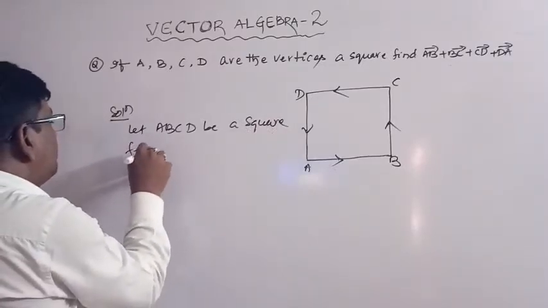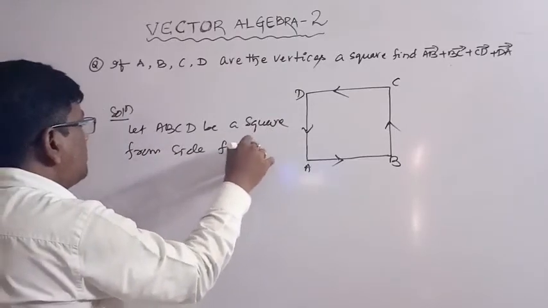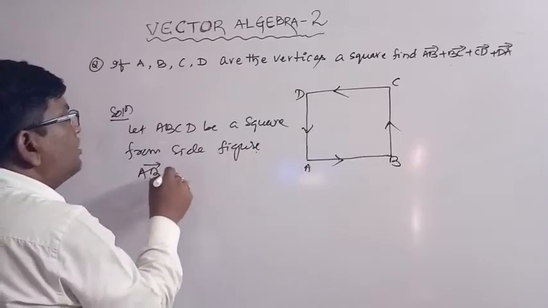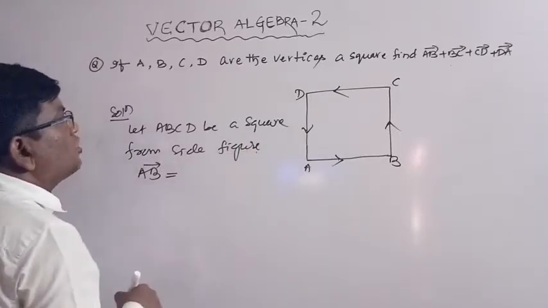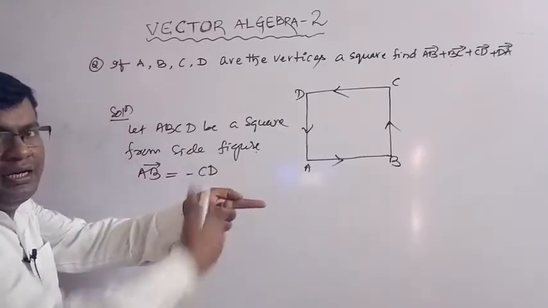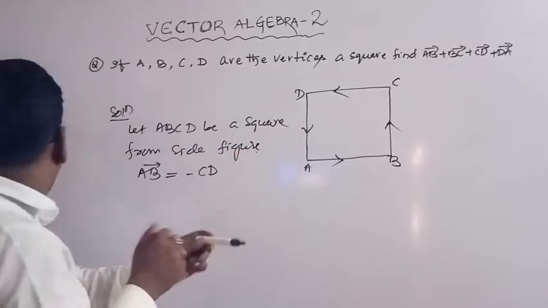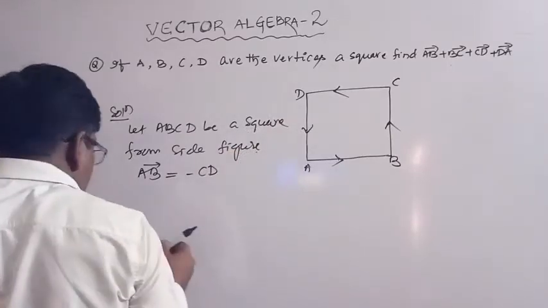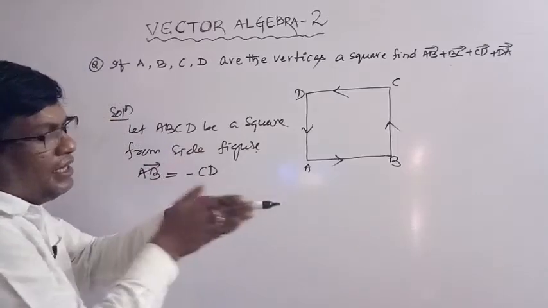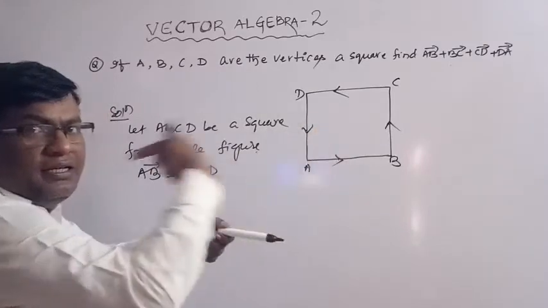Let ABCD be a square. From the figure, AB is equal to what? Minus of CD, because the direction of AB is this and the direction of CD is like this.